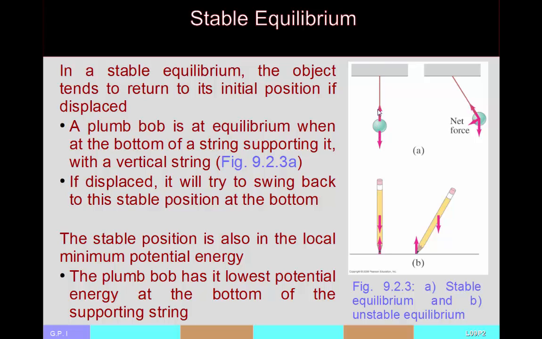It's at the bottom of the string which is supporting it. The string is basically vertical. And if you were to displace this pendulum, as in this right half of this image, then there would be a net force and a net torque that would rotate this pendulum so that it goes back to this vertical position.